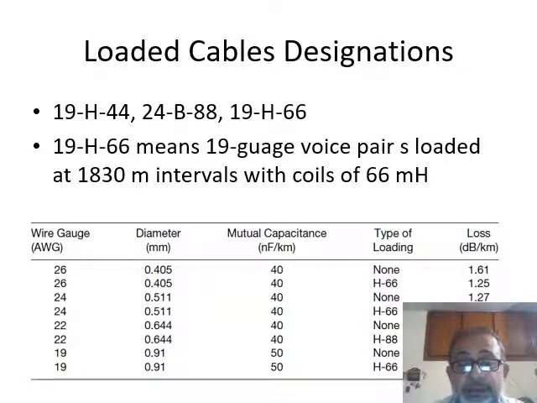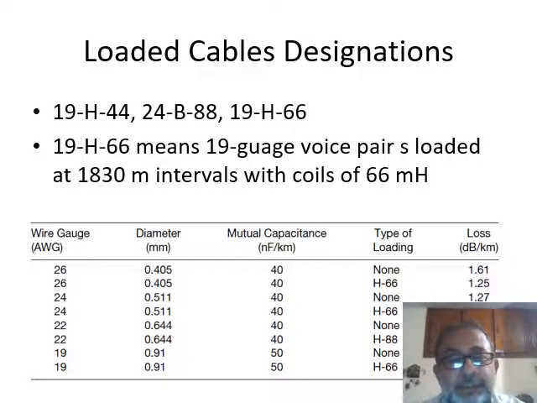6 meters, right? Now, normally the code that is given in this case is, for example, 19H44 or 22B88 or 19H66.